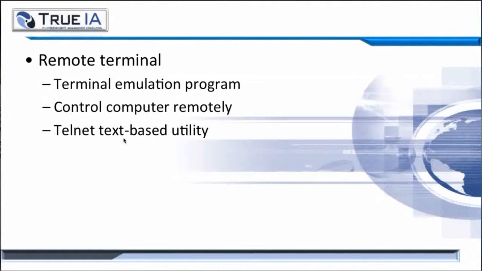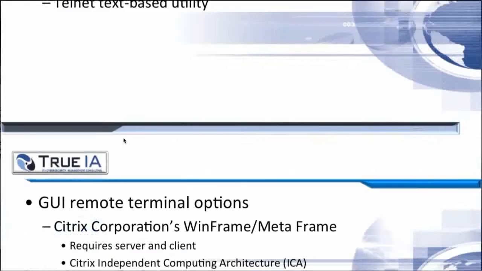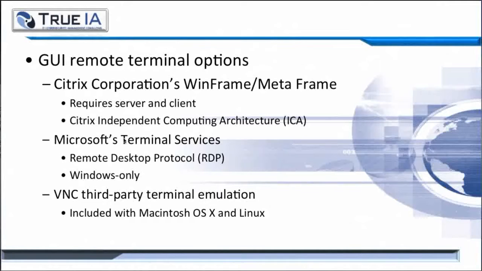Next, we'll talk about the remote terminals. There are a couple of choices for you to choose from, whether it be a terminal emulator program, whether you're going to control computers remotely, or possibly the older, not widely used Telnet text-based utilities. So again, just like you have options as to what type, you're going to have options as to what type of technologies.